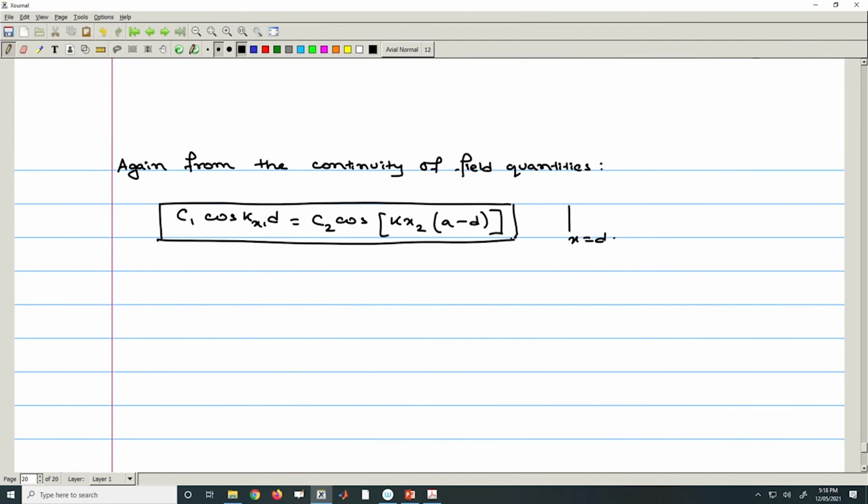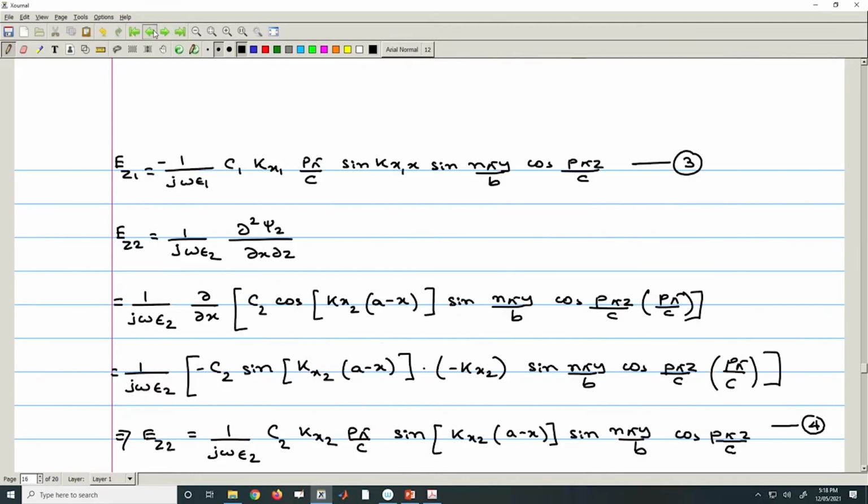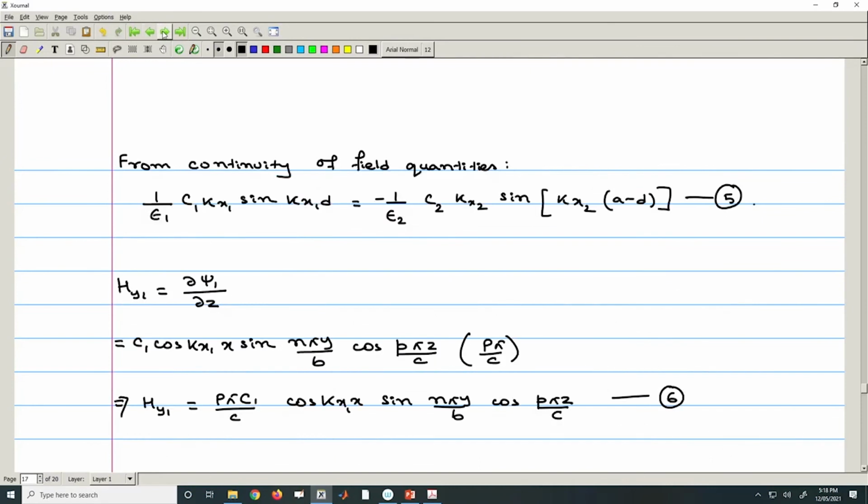Okay. Now, we will divide this equation with equation number 5. Okay.